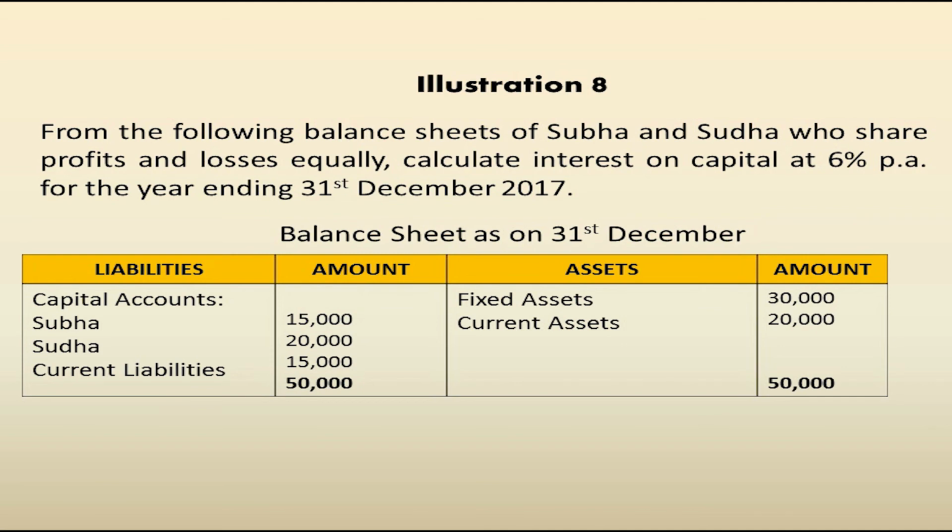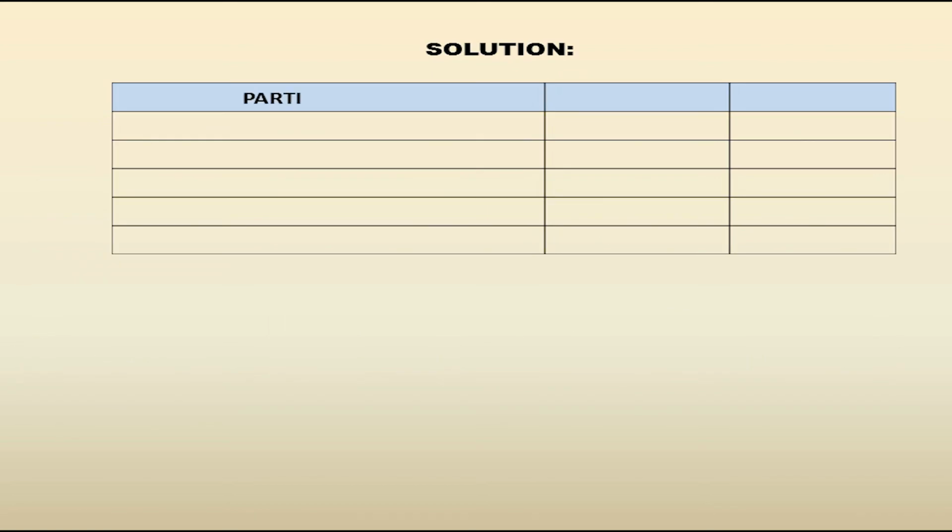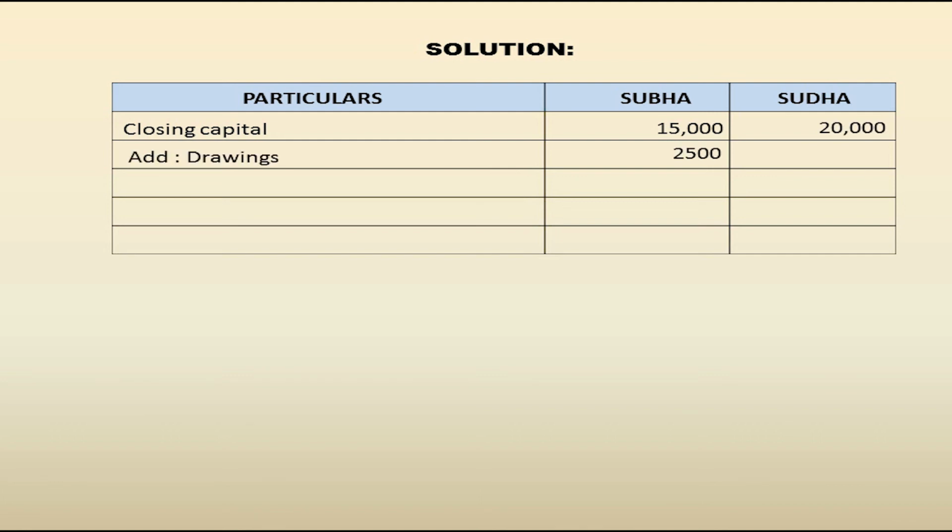So let's see the solution. First we prepare particulars, Shubha and Sudha. Then closing capital: for Shubha it is 15,000 and for Sudha it is 20,000. Add drawings: for Shubha it is 2,500 and Sudha 3,500.